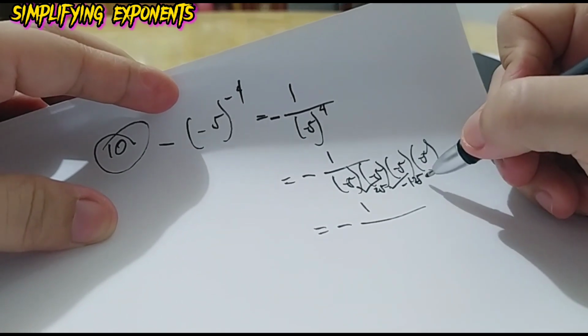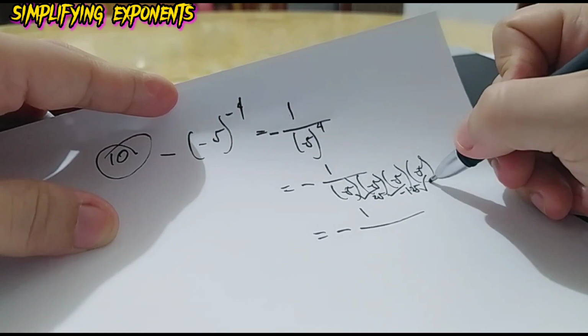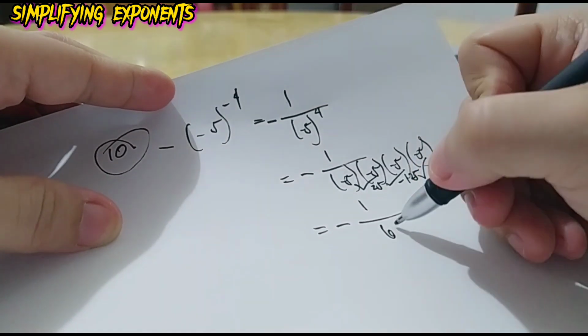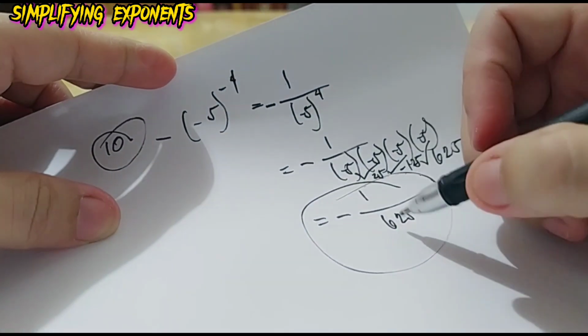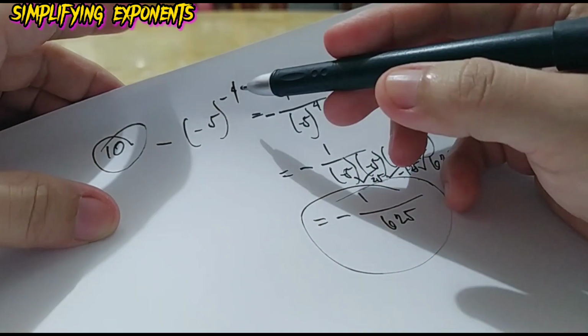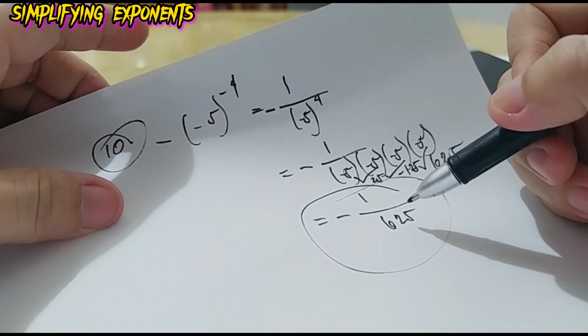Now, negative 125 times negative 5 is positive 625. So, 625. As simple as that, the simplification of negative of negative 5 raised to negative 4 is negative 1 over 625.